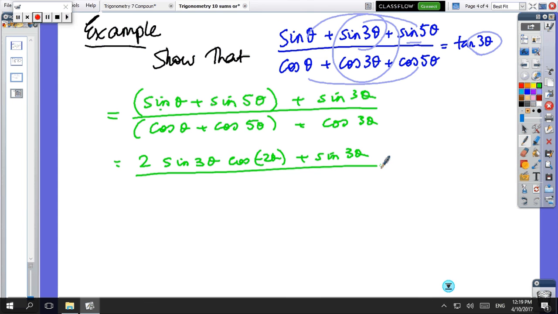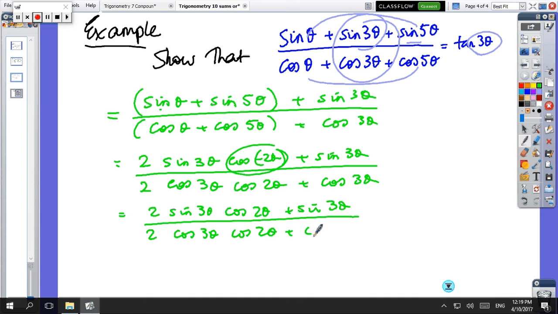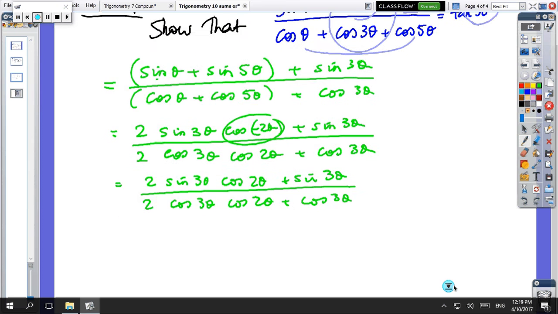On the bottom I've got 2 cos 3 theta cos 2 theta plus cos 3 theta still to go. And then we've got 2 sine 3 theta, cos 2 theta, and that number's still going to be a plus, and 2 cos 3 theta cos 2 theta plus cos 3 theta.